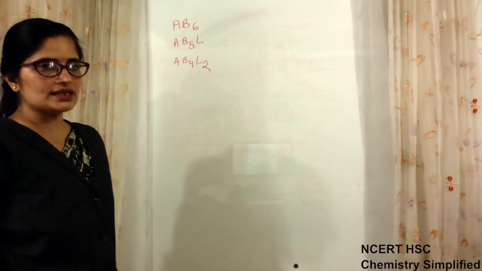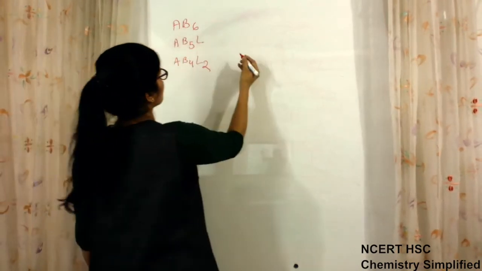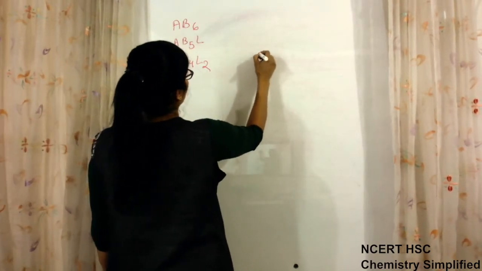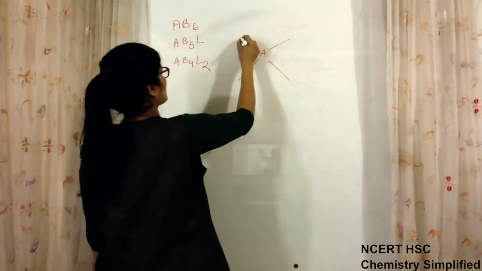So first we will discuss what is the normal geometry for AB6. If AB6 is there, then A is in the center, with 1, 2, 3, 4 bonds making a square.